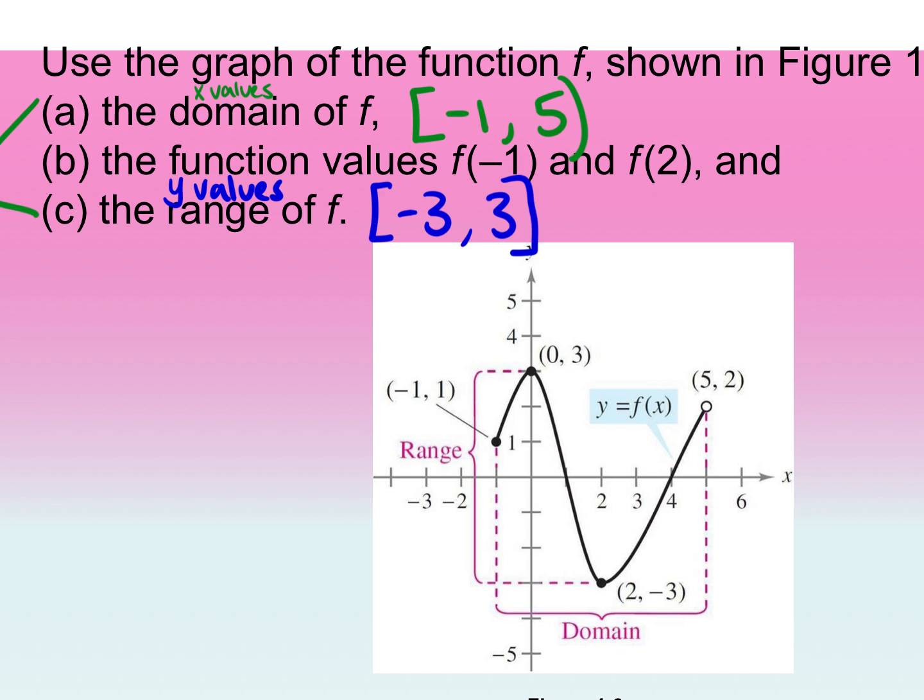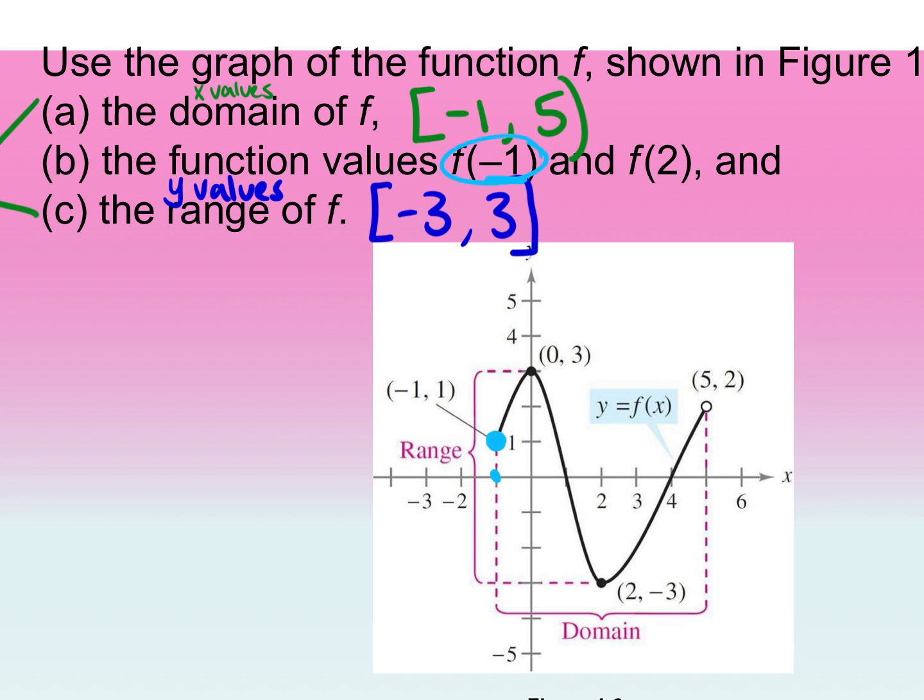All right, next we're going to evaluate the values. So at f of -1, the number inside the parentheses tells us what x value we're going to. So we're going to go to where x is -1. We want to see what's our y value when x is -1. 1. Awesome.